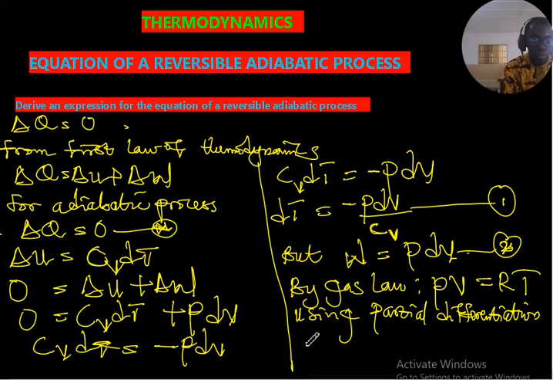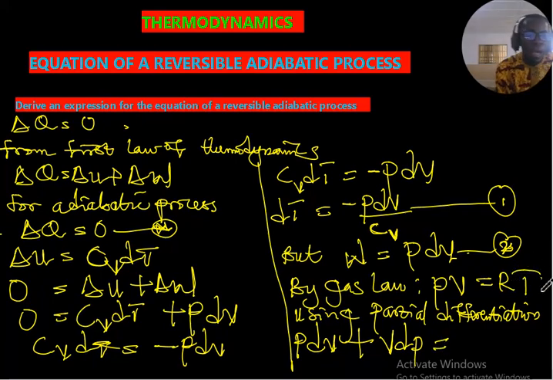Differentiating P with respect to V gives P dV, plus, differentiating V with respect to P, V dP. On the other side, R is a constant, and the differentiation of a constant is 0, so differentiating T gives R dT. So we are left with P dV plus V dP equals R dT. Call this equation 3.